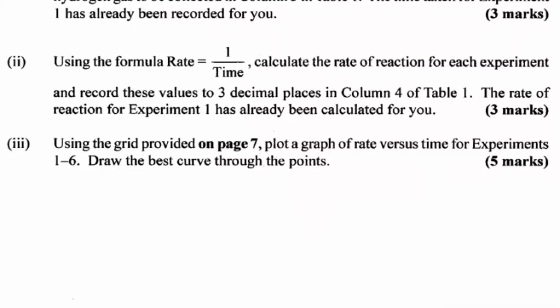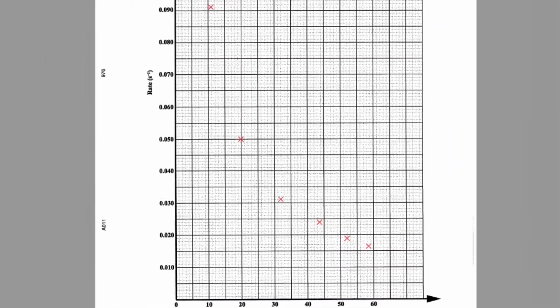So in part 3, using the grid provided on page 7, plot a graph of rate versus time for experiments 1 to 6. Draw the best curve through the points. What's very important, before we even plot, is that we determine the scale that is being used on the x and the y-axis.